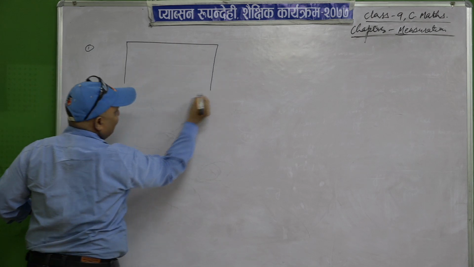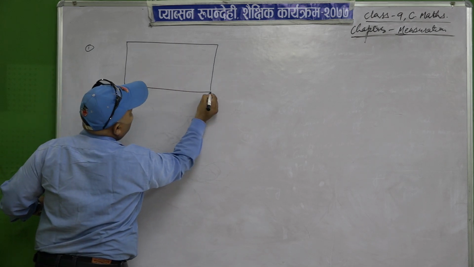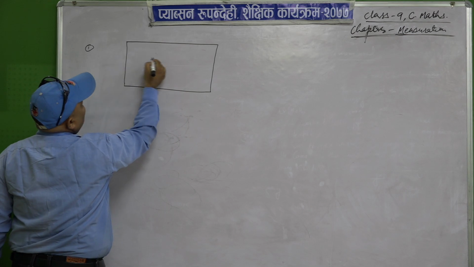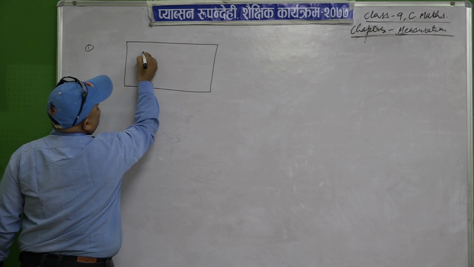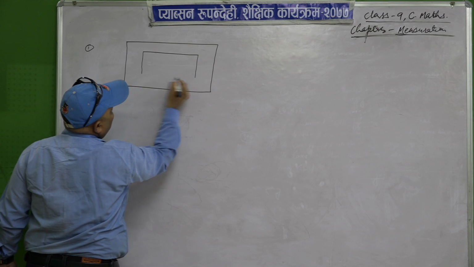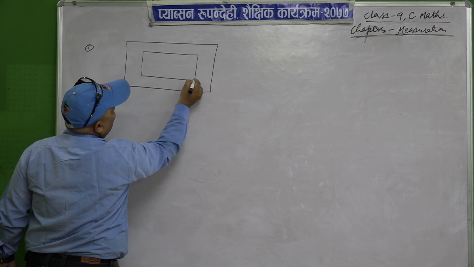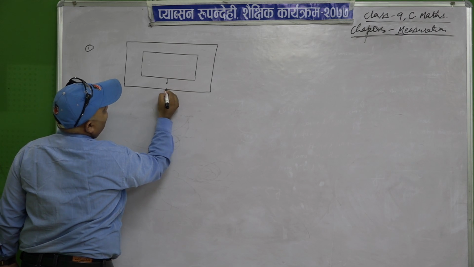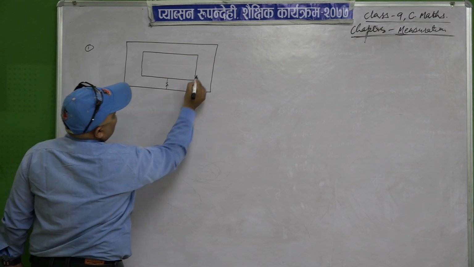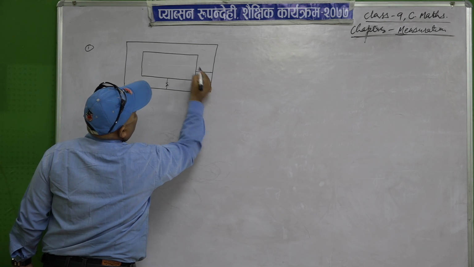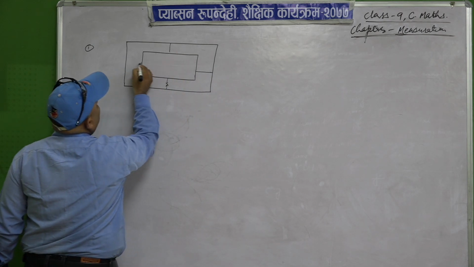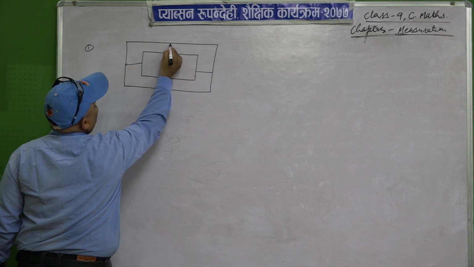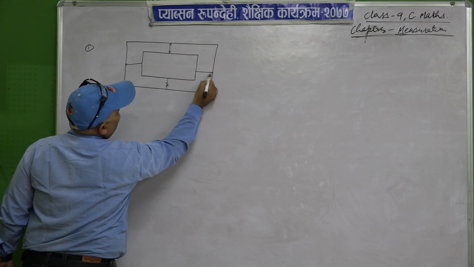Suppose this is a rectangle and this is another rectangle inside the rectangle here, and this is the uniform width. The breadth of this area, this line, is uniform, they all are equal.